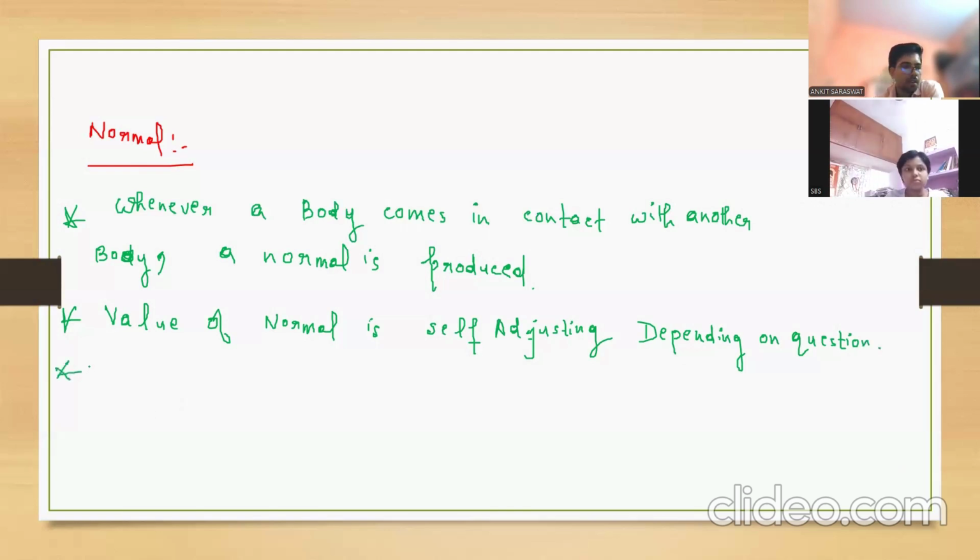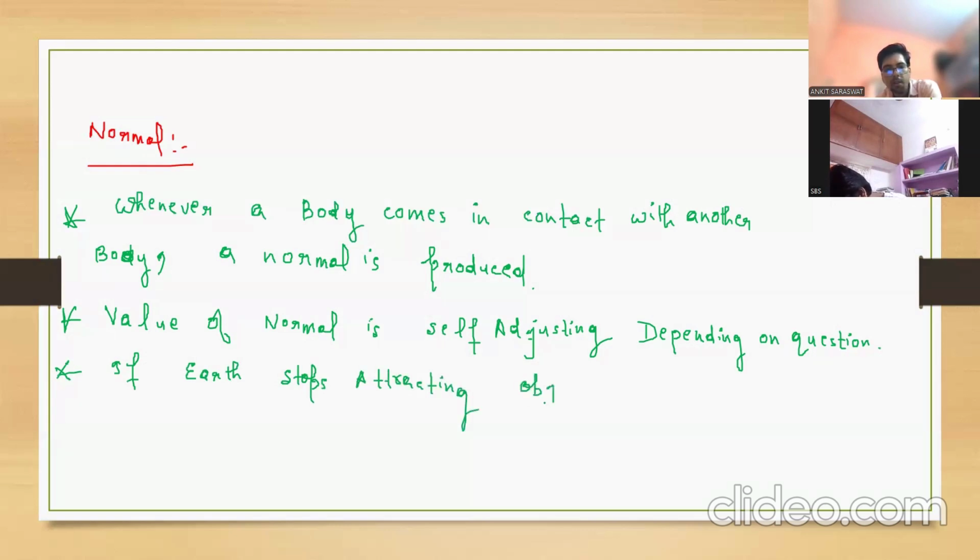Self-adjusting. Next, if Earth stops attracting the object, then normal becomes zero. If Earth stops attracting, then it never comes in contact, and there is no normal. Then normal becomes zero.